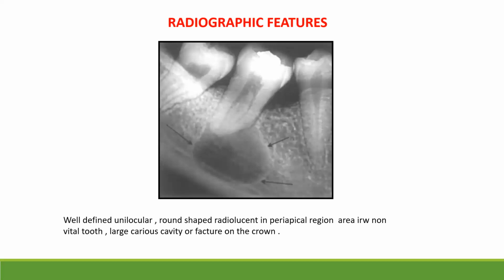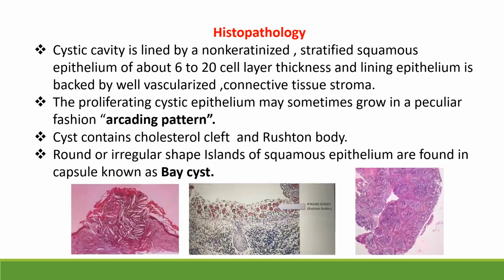The radiographic features will show unilocular round shape radiolucency in periapical region with the non-vital teeth, large carious cavity, or the fracture on the crown. Histopathologically, cystic cavity is lined by the non-keratinized stratified squamous epithelium of about 6 to 20 cell layer thickness, and the lining epithelium is backed by well-vascularized connective tissue stroma.